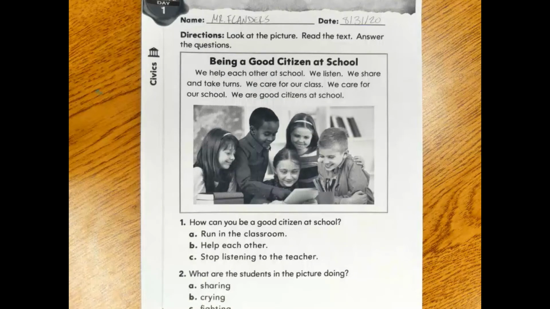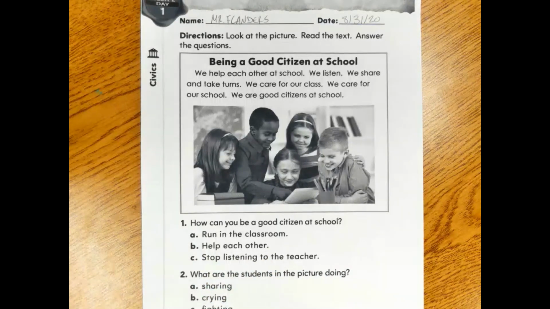How are you supposed to be able to solve what 2 + 2 is? How are you going to know what makes a good citizen? If you stop listening, you might miss something. That means you're not going to have all the information you need to complete a task or show off how awesome you are. So I think the best answer here would probably be B, help each other.